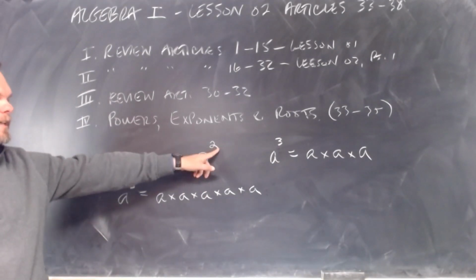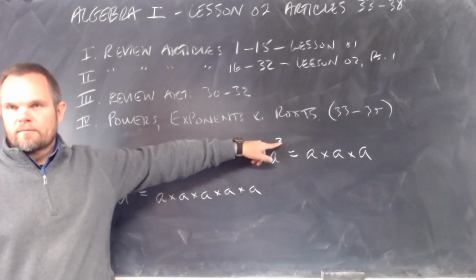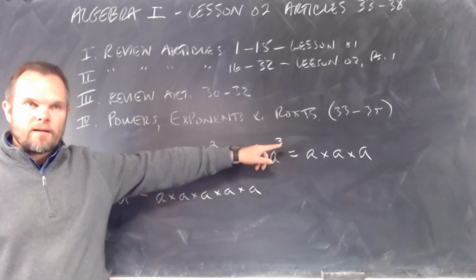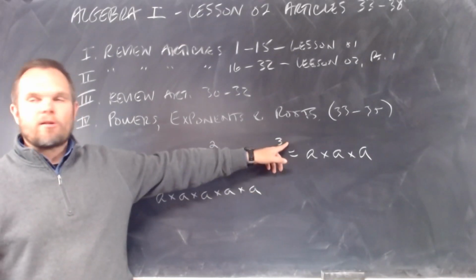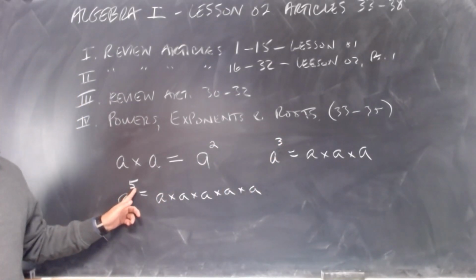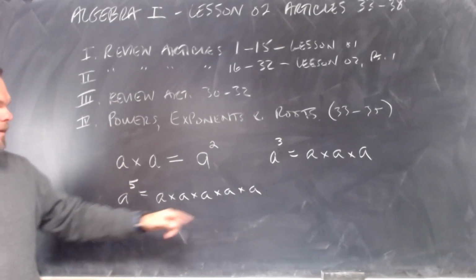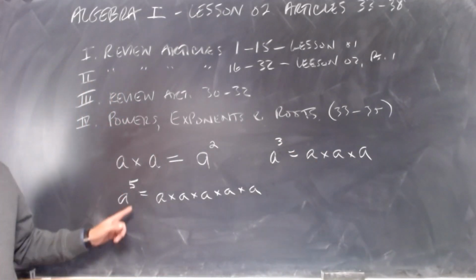A to the 2nd power. A to the 3rd power. That's how you read that. And all it means is A taken 2 times. All this means is A taken 3 times. A taken 5 times.